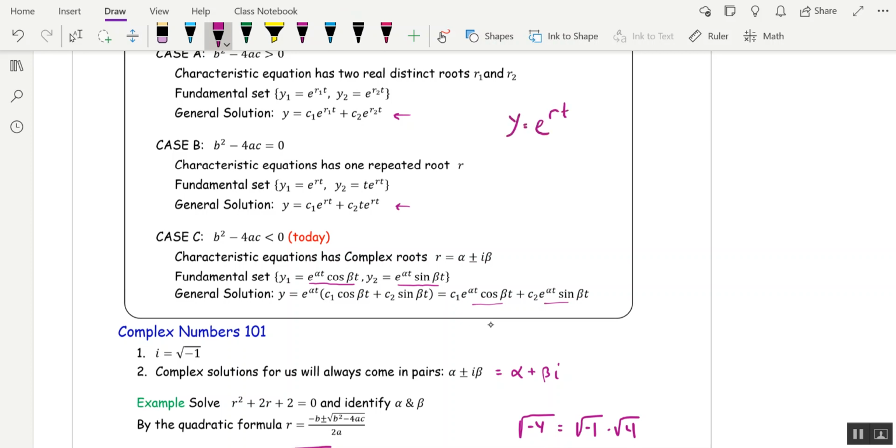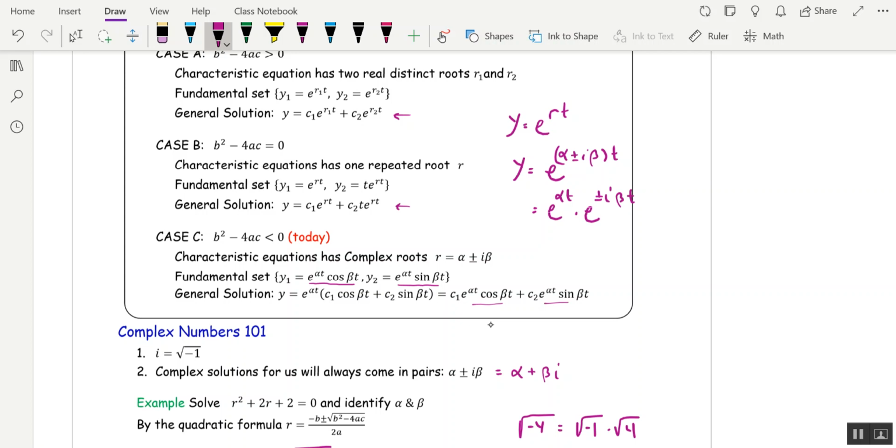Now in the complex case, we've got e to the r, which is alpha plus or minus i beta t. That's e to the alpha t times e to the plus or minus i beta t.